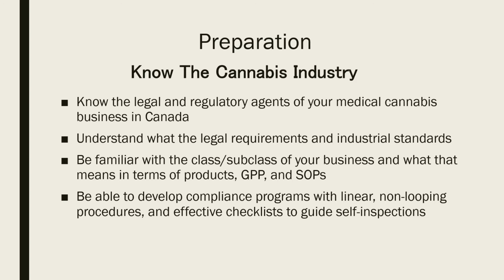Be familiar with the class and subclass you are under and what that means in terms of your products, services, practices, and your SOPs. Be able to develop compliance programs with linear, non-looping procedures and have effective checklists to guide self-inspection. By putting these things in place, you will develop a strong quality system with good customary practices.